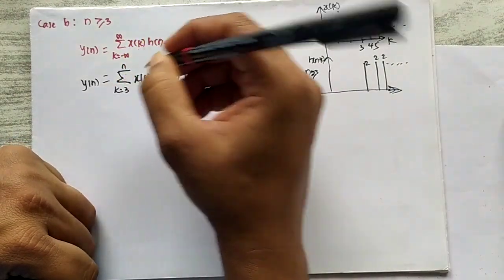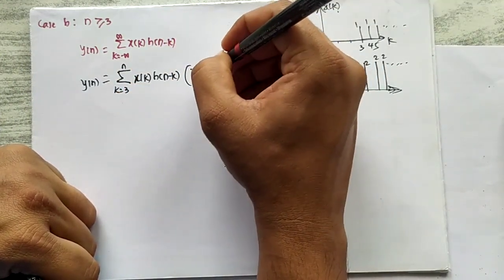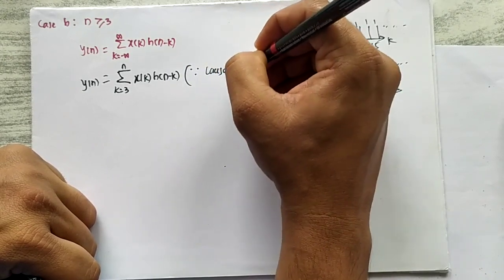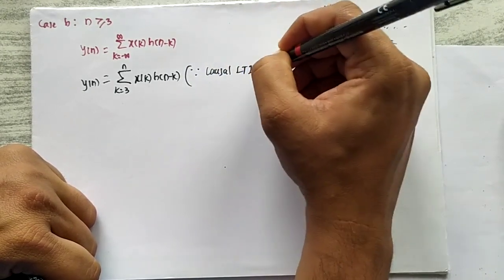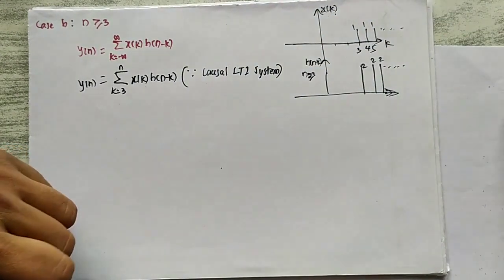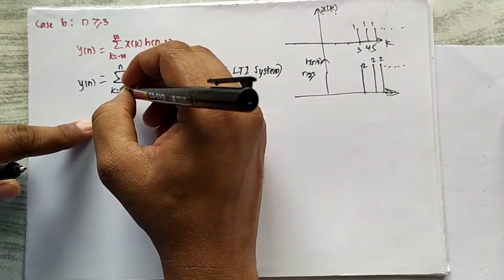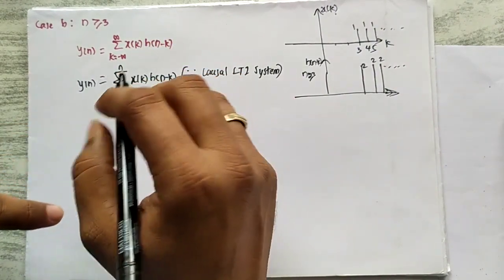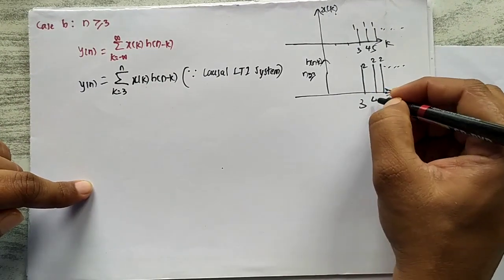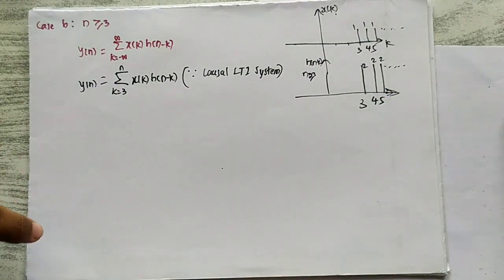Because it is a causal LTI system. Simply I could write 0 here also, but since it starts from 3, here also it is 3, 4 and 5, so you can say from 3 to n it exists.